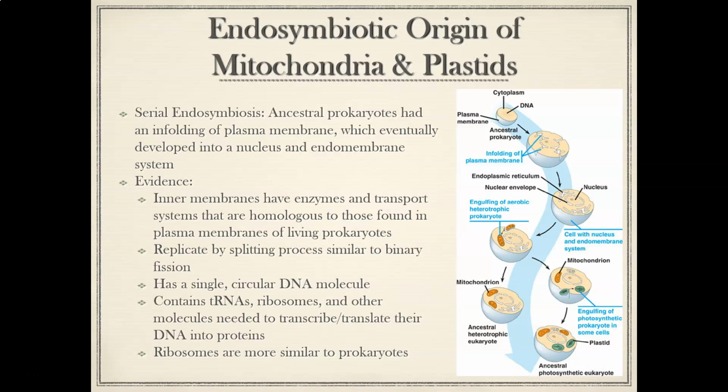That plasma membrane, remember, is their barrier from internal and external environments. So it's their outer covering outside of their cell wall. And so seeing enzymes and transport systems that are much more prokaryote-like as opposed to what we see in typical eukaryotic systems gives us some evidence to suggest that this is in fact how this happened.